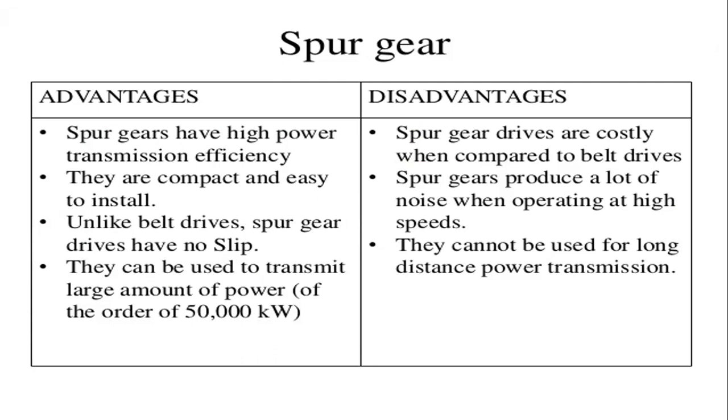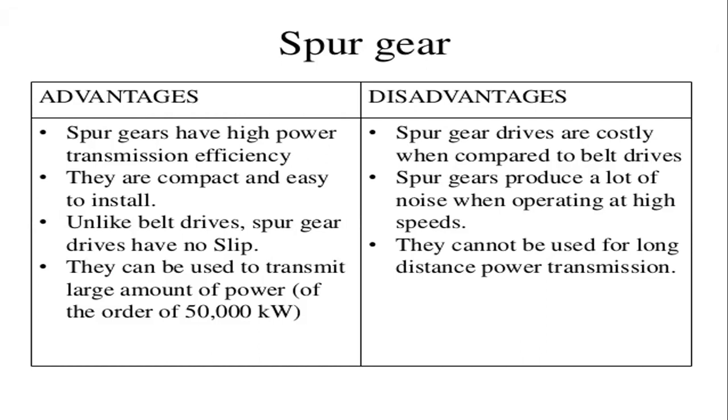For each individual gear we are going to take different advantages, because we do not take common advantages and disadvantages for the gears, since each gear has a different design. The first one is the spur gear. It has very high power transmission efficiency.